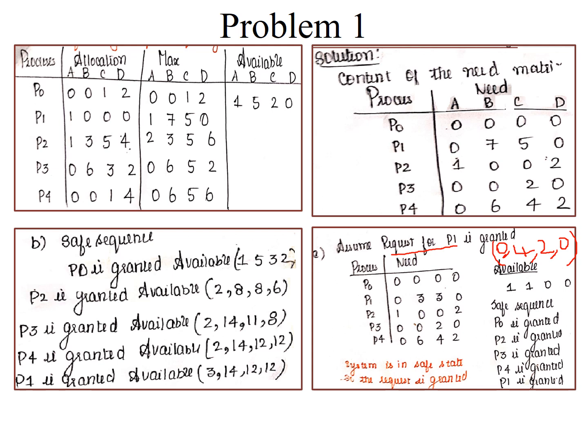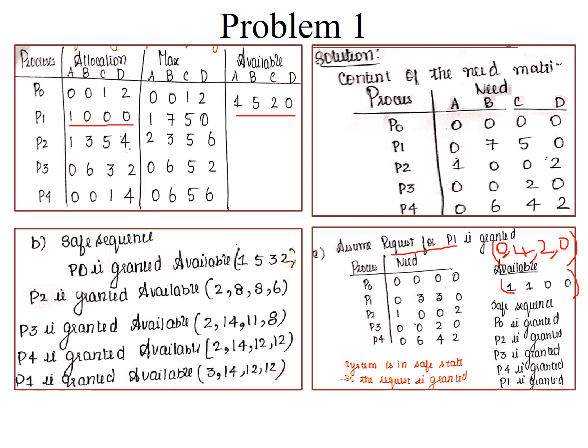If that is the case, the available was 1 5 2 0. If we take the resources from the availability and provide them to P1, the new availability would be 1 1 0 0. Also, this 0 4 2 0 will be added to P1, which means allocation becomes allocation plus request.